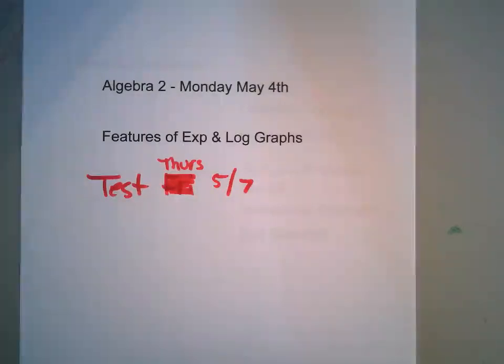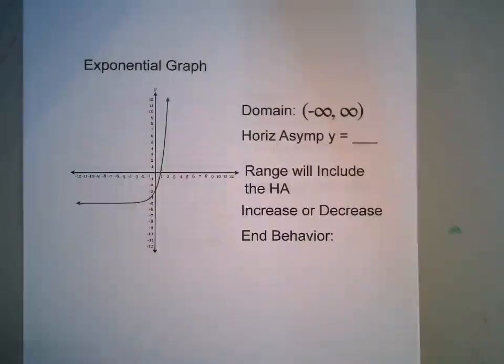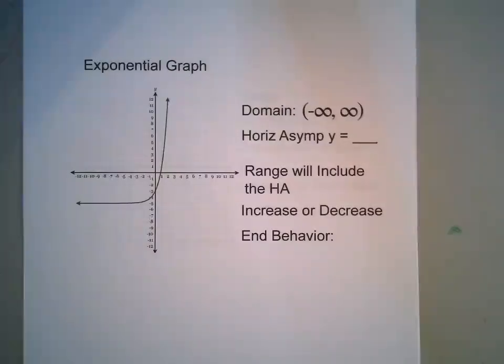All right, so let's take a look at an exponential graph. Tuesday you're going to actually be graphing this, but today you're going to answer questions. So the Delta Math is going to give you a drop-down menu of certain answers, and you get to pick and choose what your answers are.